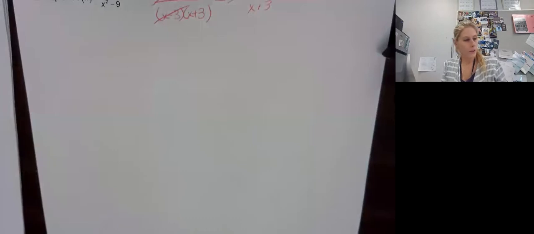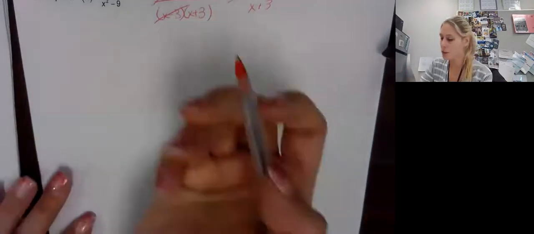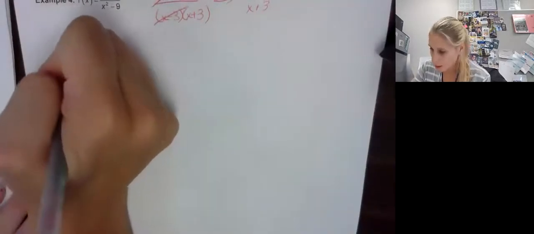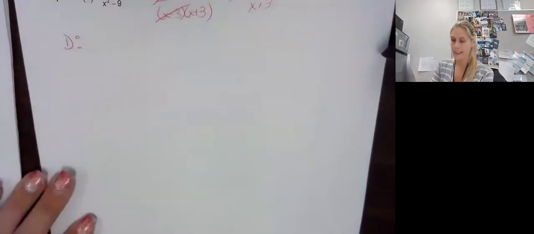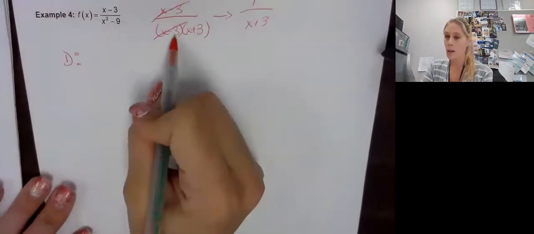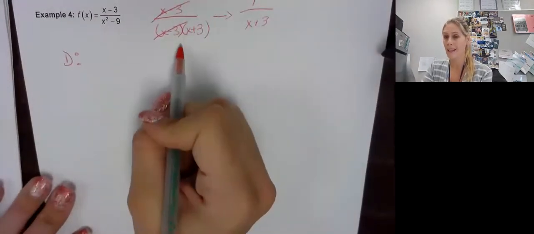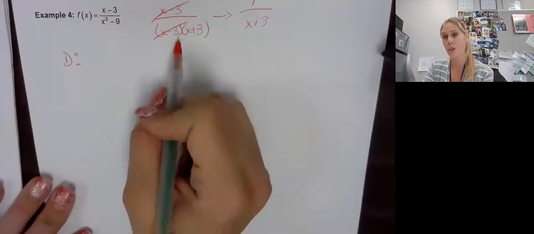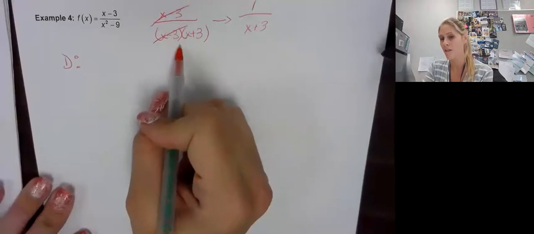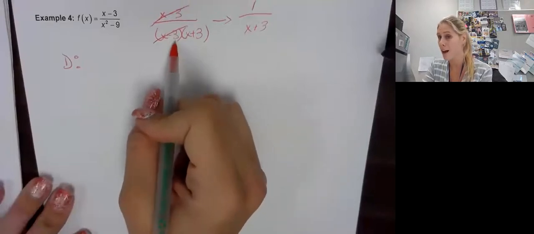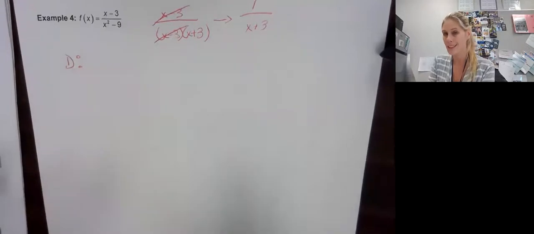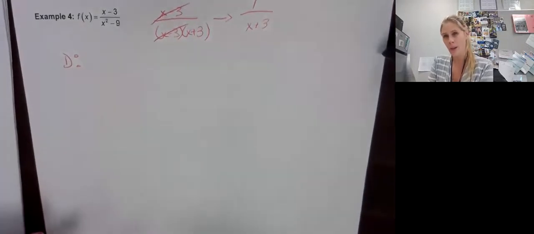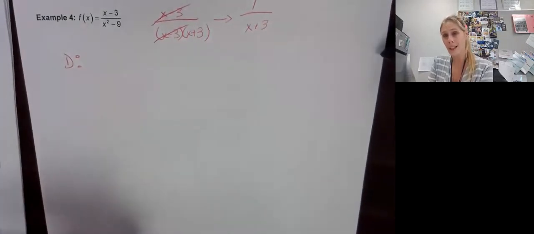So what I want you to do next is we need to do the domain. So what can't x be? When you say what x can't be, you want to do it before you cross off, because if you're crossing off, it's technically still there, but it's a hole, so it's not continuous there, so it can't be in the domain.